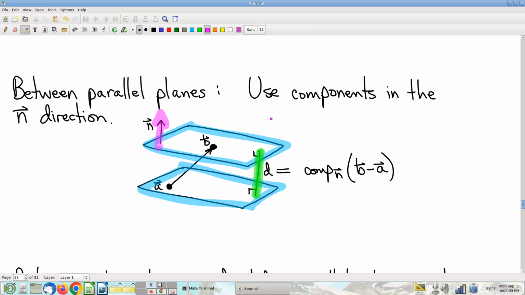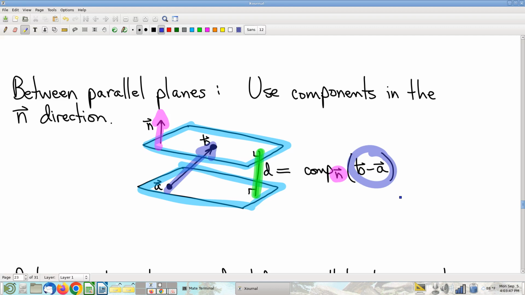And in fact, you can just take the component in the normal direction of any difference vector between points in those two planes. Pick any point in the one plane, any point in the other. You look at that difference. Its component in the normal direction is exactly that distance that we want in the first place. And we know how to compute components. Okay. What do you think? Pretty good? Do parallel planes have the same normal vector? They do. That's right.